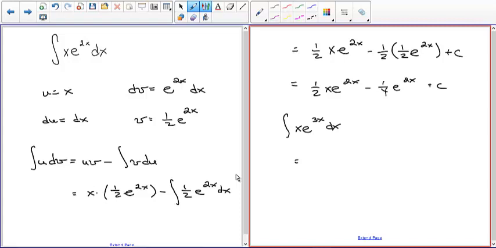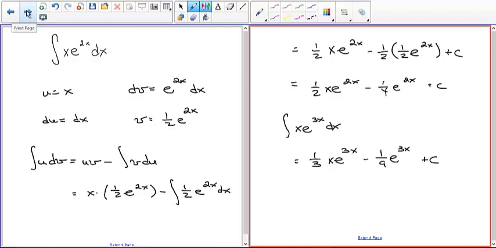So instead of a 1/2, you have 1/3 twice. What would that be? 1/9. Yep. So you get 1/3 x e to the 3x minus 1/9 e to the 3x plus c.